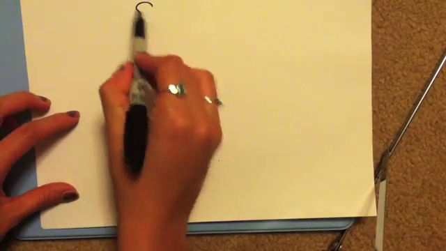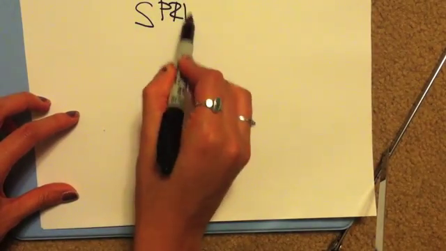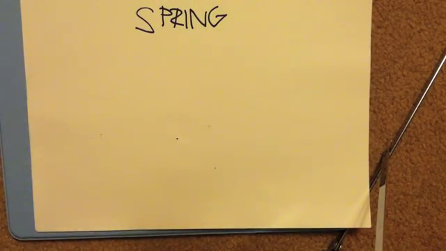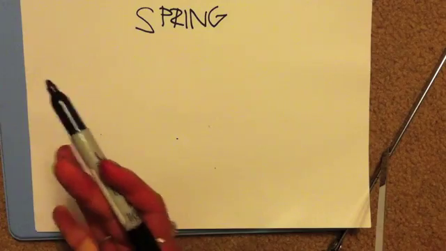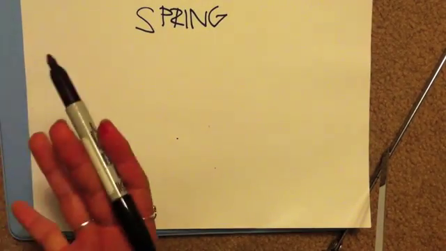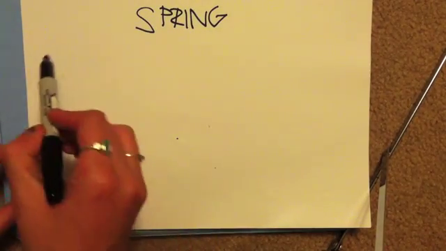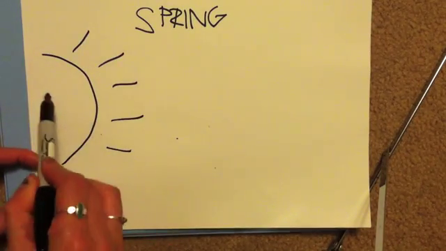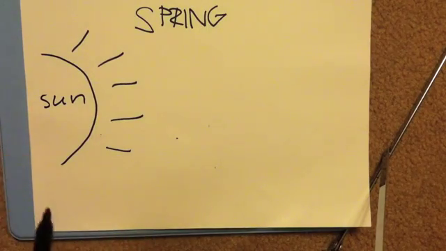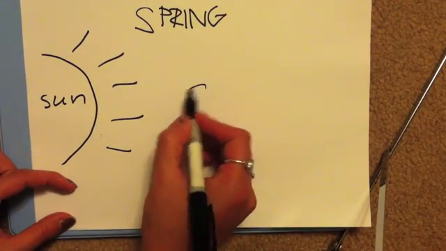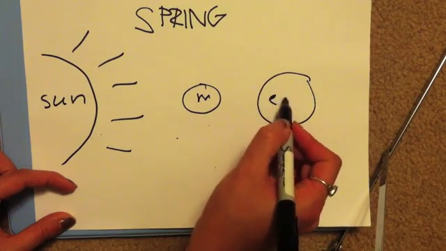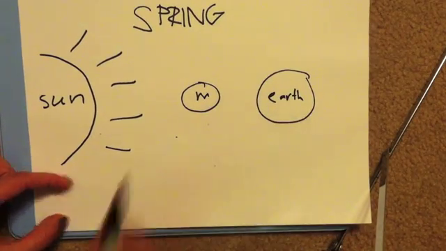So there's two types of tides. There's a tide called a spring tide. And we are going to bring another object into this situation, which is the sun. And the sun is massive. And you would think that it would have a huge impact on the tides.